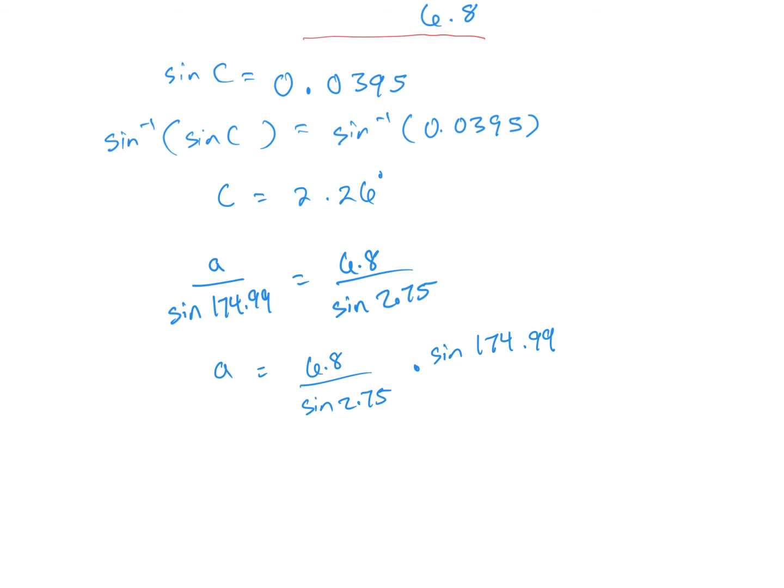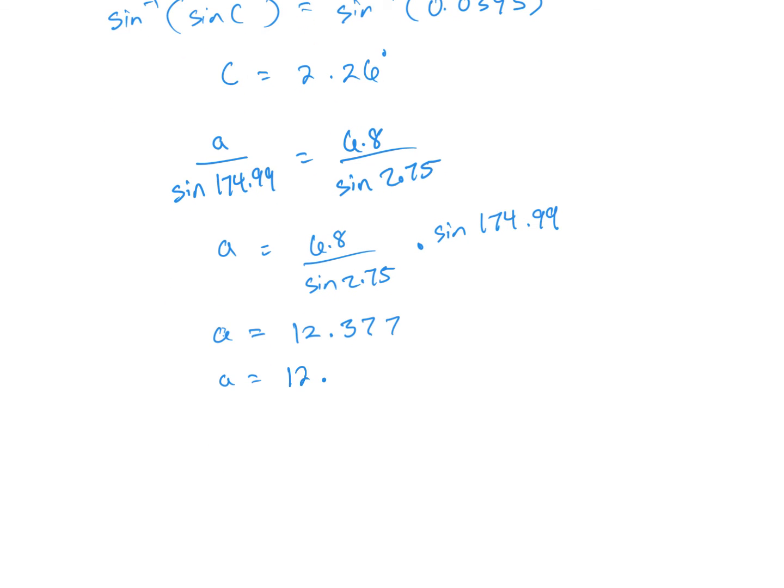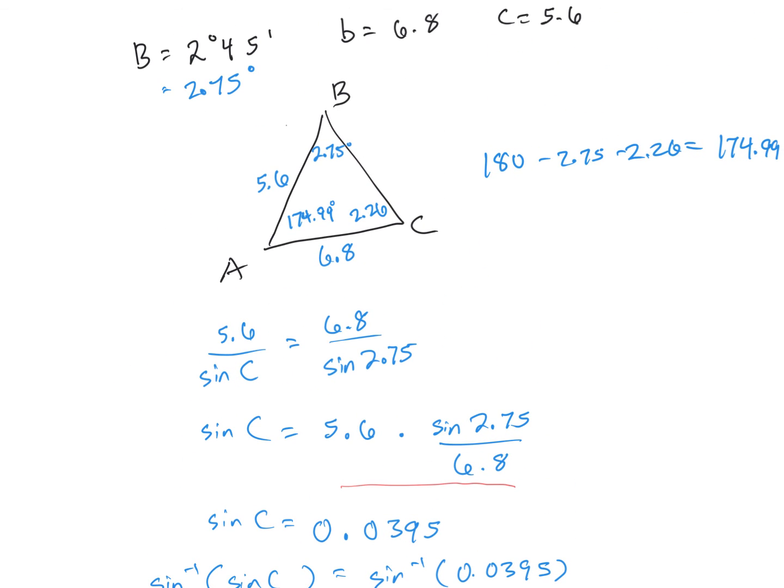If I punch that into my calculator, I get A equals 12.37. I'm going to round to the closest hundredth, so it's actually 12.38. And that is our answer. So we'll just come back here, and this has to be 12.38.